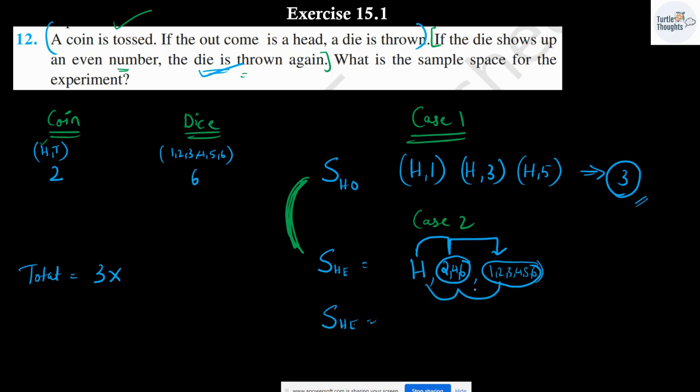Since these are independent, what is the sample space for the second one? It is 1 over here, 3 over here, and 6 over here. So multiplied by 6, and the 1 does not matter. So it is going to be 18 for this case.